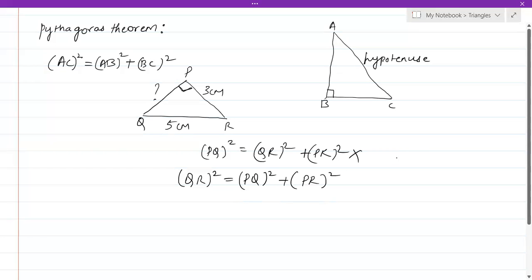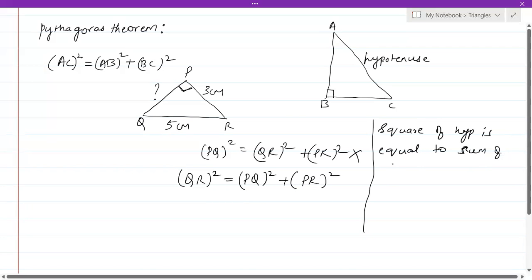And we have to be very careful when we write the statement of the theorem. What does the statement tell? In a right angle triangle, square of hypotenuse is equal to, HYP is hypotenuse, equal to sum of squares of other two sides.